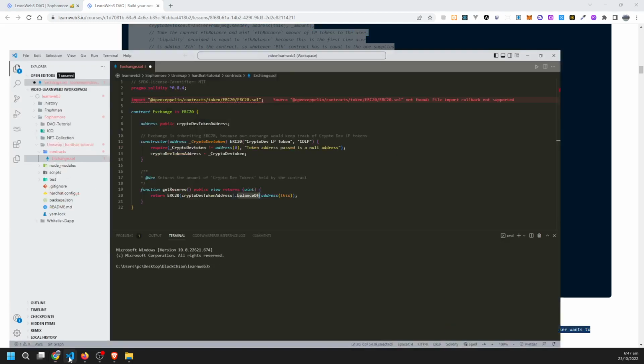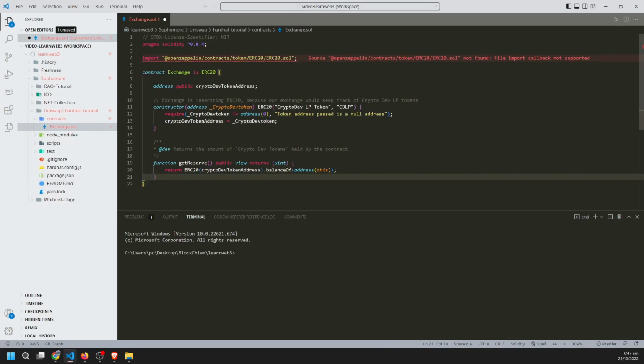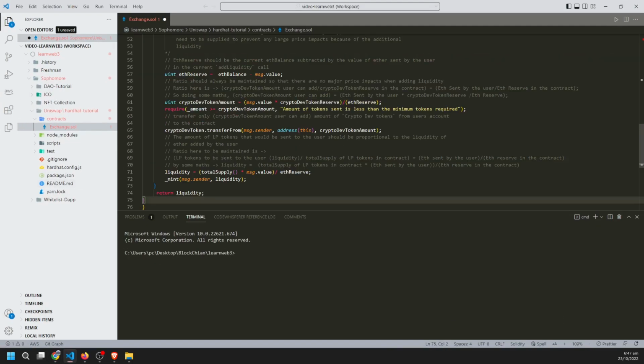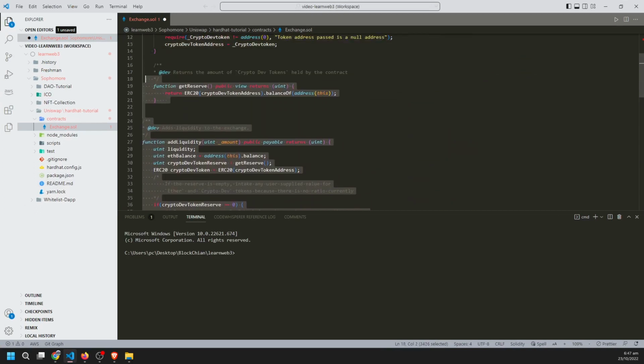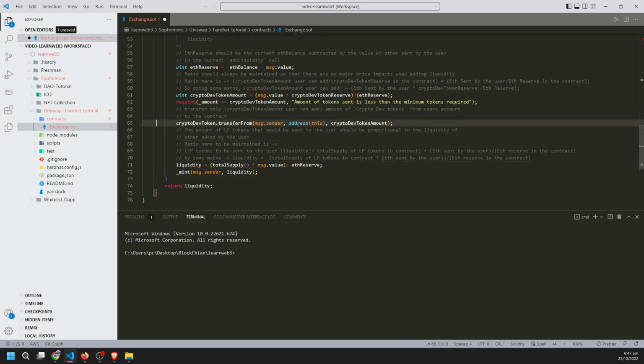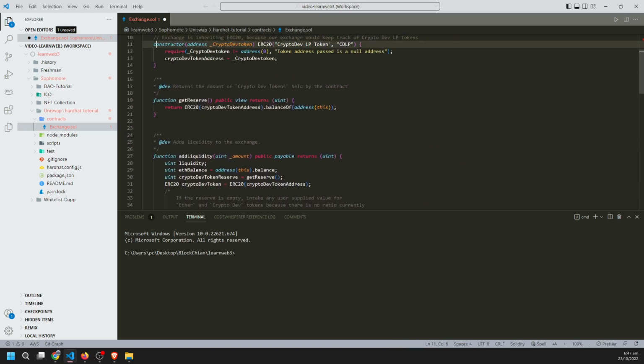Let's copy it and paste it here. So let's see the function. Liquidity, here we have added the amount that the user is going to send.